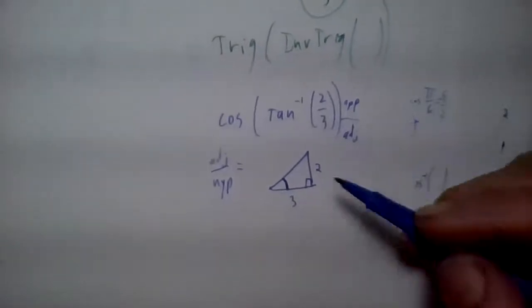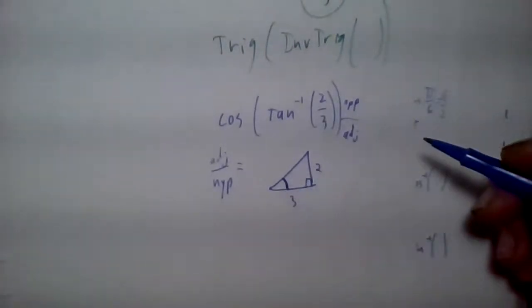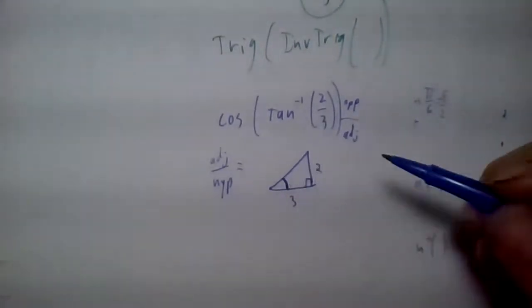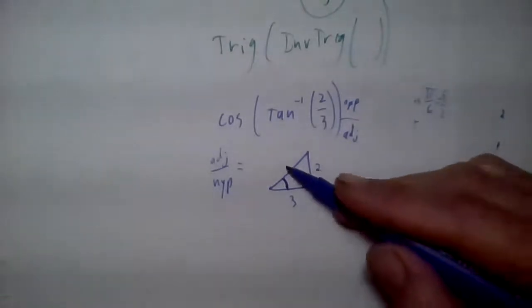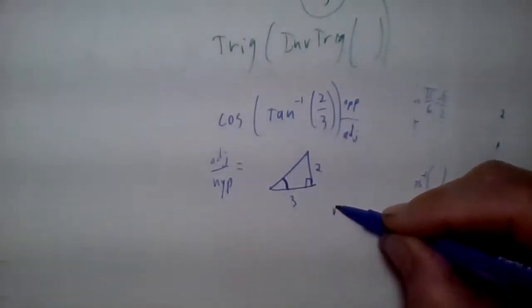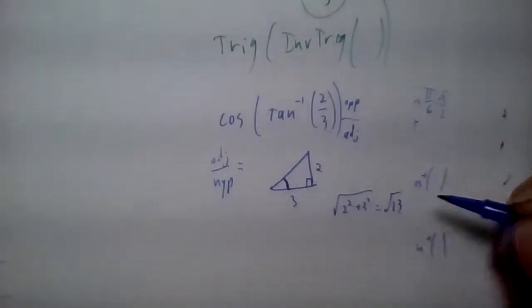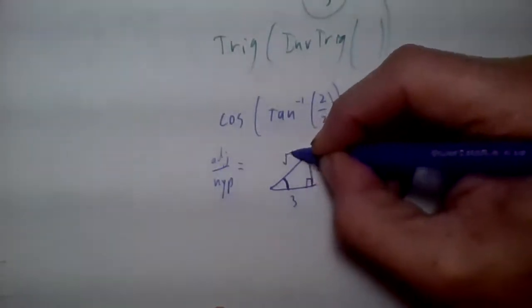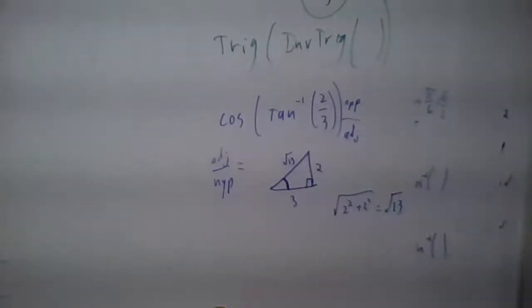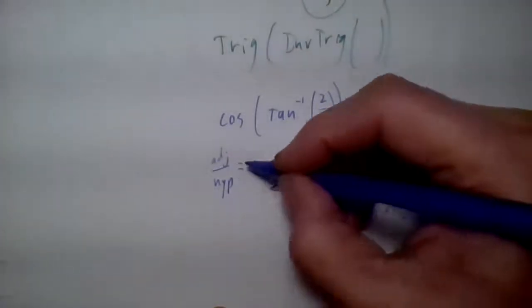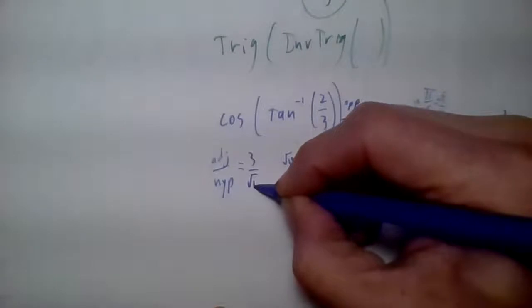The only thing is, I don't know what the hypotenuse is, right? But I know Pythagorean theorem. So if I got these two sides, I can get the third side. Hypotenuse there is the square root of 2 squared plus 3 squared. Radical 13 is what that comes out to. So this is square root of 13. And my answer then is adjacent over hypotenuse, 3 over square root of 13.